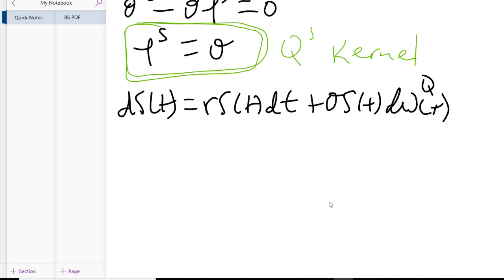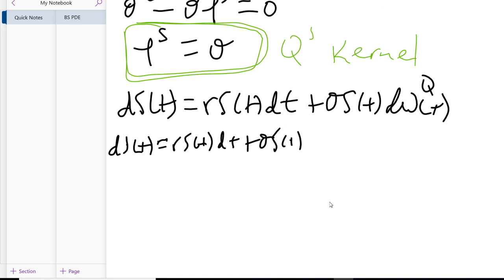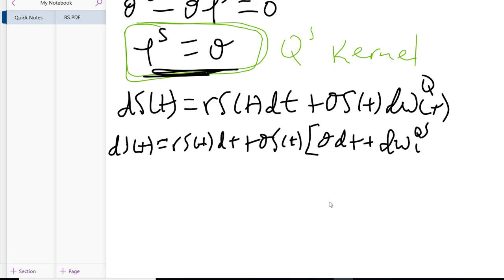And we are going to invoke Girsanov, which tells us that we can have dS t equals r S t dt plus sigma S t. But now again, we will invoke Girsanov with the kernel that we just derived here. So we will have sigma dt plus dWQS t.